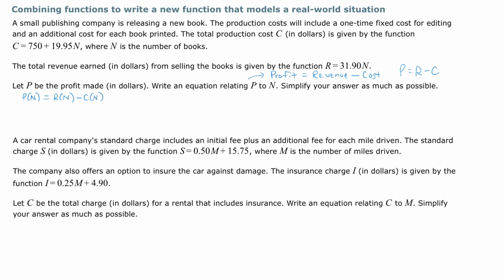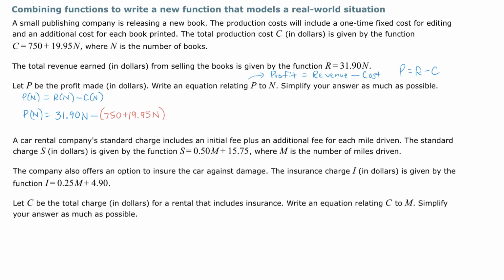Go ahead and substitute everything. P of n is now equal to, what's R of n, the revenue function, 31.90 times n, minus the cost, 750 plus 19.95 times n.